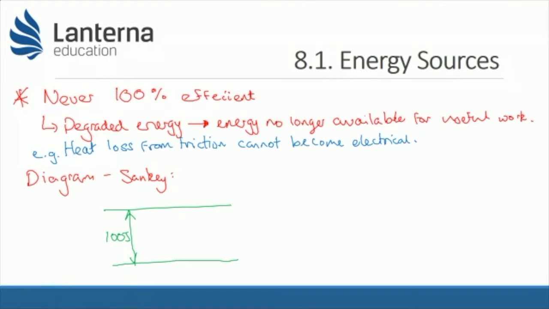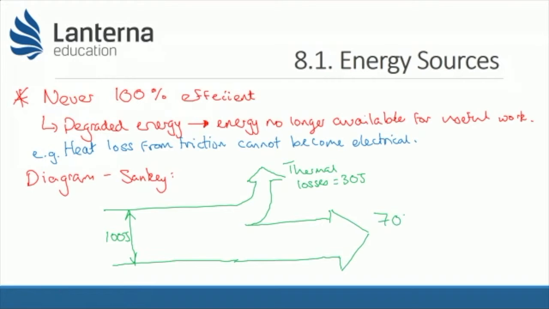And then what will happen is, as energy is wasted, they'll draw arrows off. So that would be, say, thermal losses. And that could be equal to 30 joules, which would mean that the leftover useful energy I've got going from that would be 70 joules, because like I said, energy is always conserved.